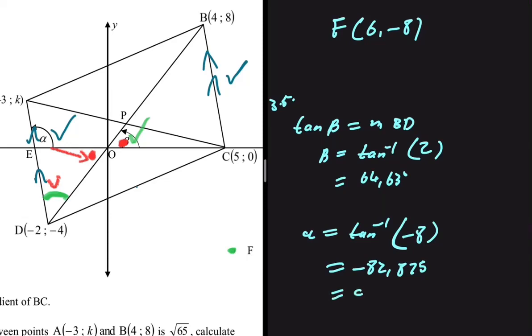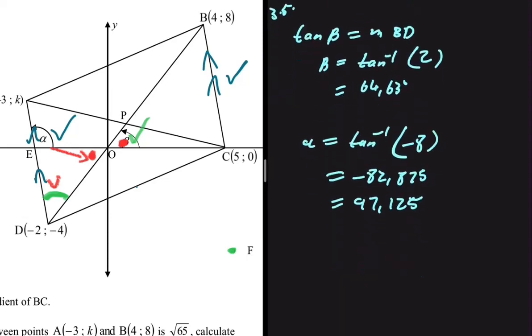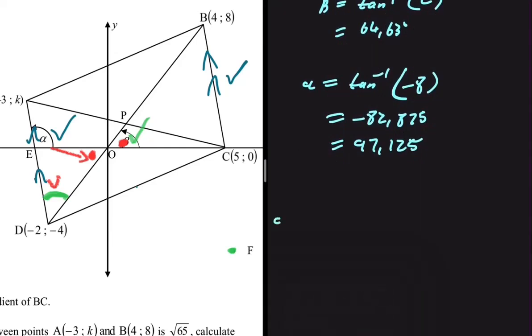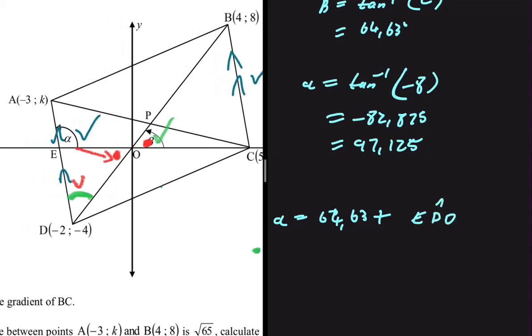If it is minus, you must always add 180. If you do that, you're going to get 97.125. So now we can say that our exterior angle is equal to 64.63 plus angle EDO. But we know that alpha is 97.125.